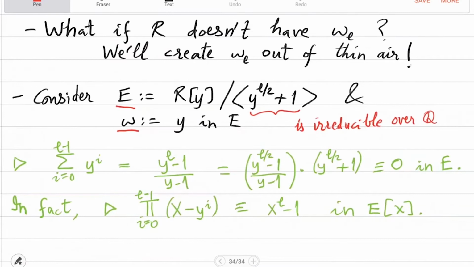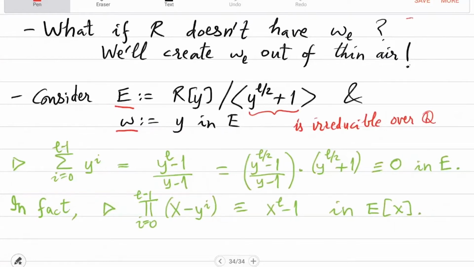So let us now move to the general case, which is a ring R which does not have omega, which will usually be the case. You can take R to be Z, for example. In this case, except L equal to 2, you don't have any other primitive root of unity.